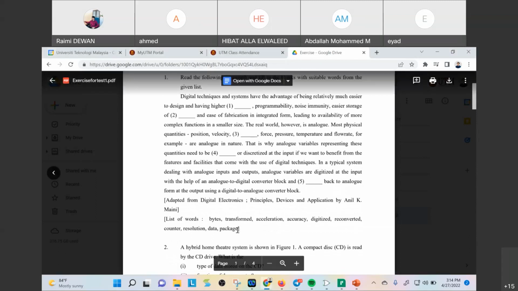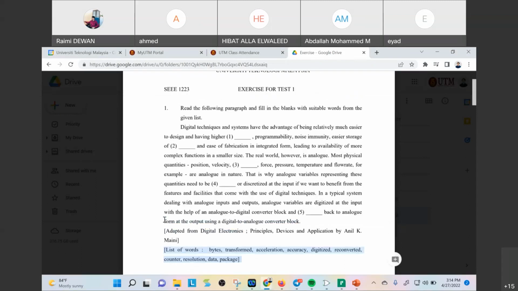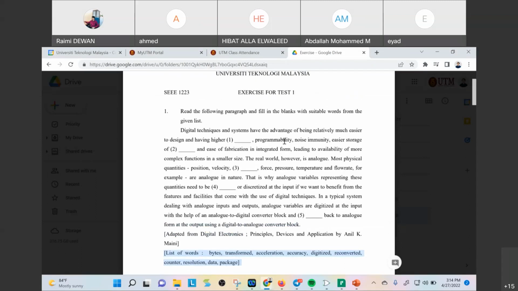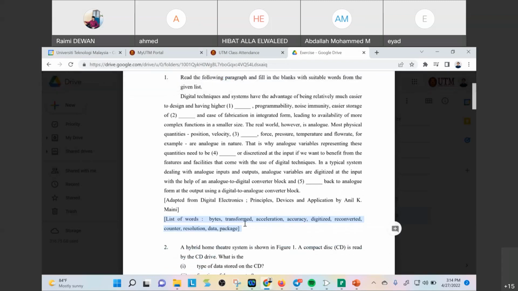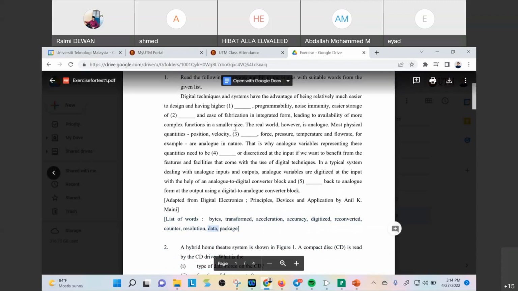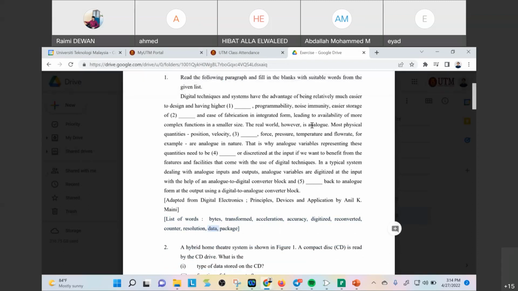You need to see which are the accurate words for that: programmability, noise immunity, easier storage of data or information, and ease of representation in integrated form, leading to the ability of more complex functions in a smaller size. The real world, however, is analog. Most physical quantities, position, velocity, and so on.